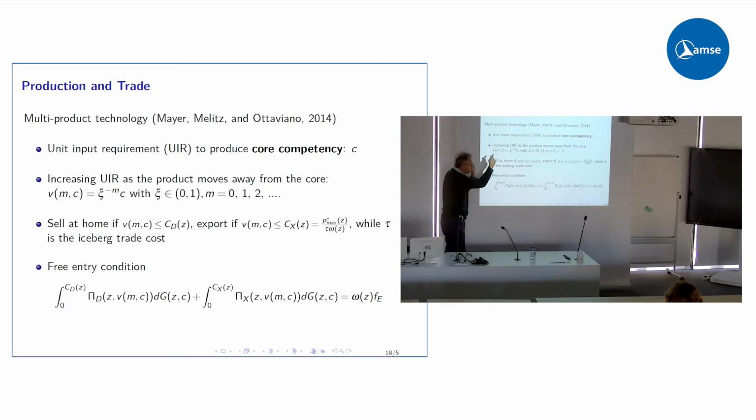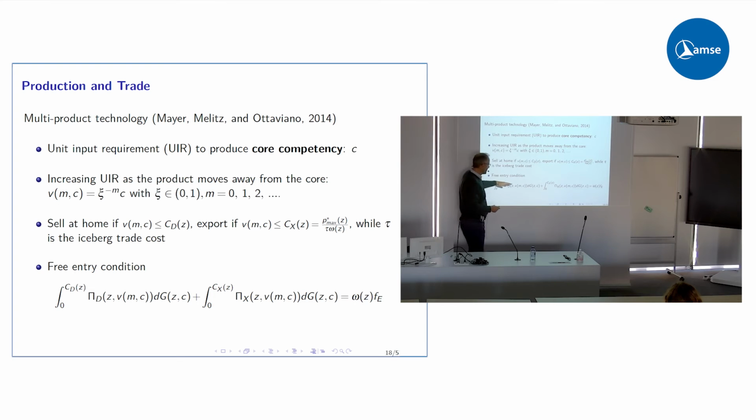When you look at this and what we have seen before, essentially you realize that the only two unknown variables in these expressions are the two cutoffs, because all the other things are expressions either of the cutoffs or of exogenous parameters.